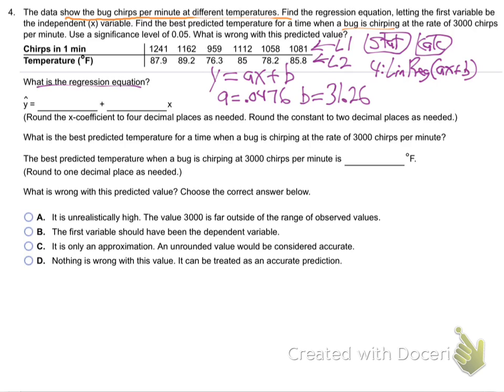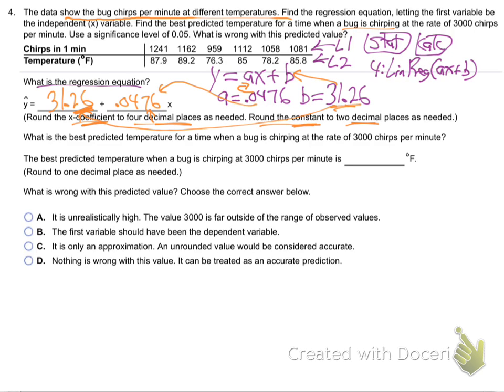Now careful though, because over here, notice the a is right there next to x, so I've got to put a right here, don't I? 0.0476, and the b is not next to x, so the b needs to go here: 31.26. See the rounding? They say round the x coefficient, the thing next to x, to 4 places. See, I did that, 4 places. And round the constant, the other thing, to 2 places. I did this to 2 places. Okay, so there's the equation.